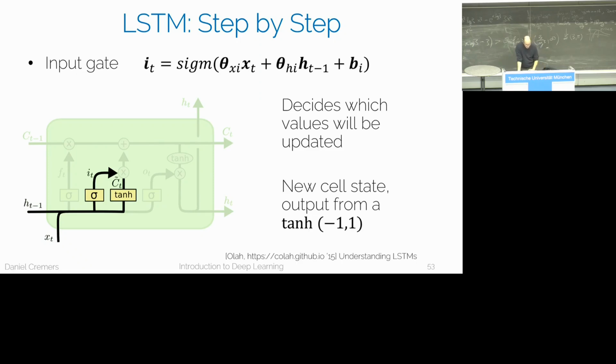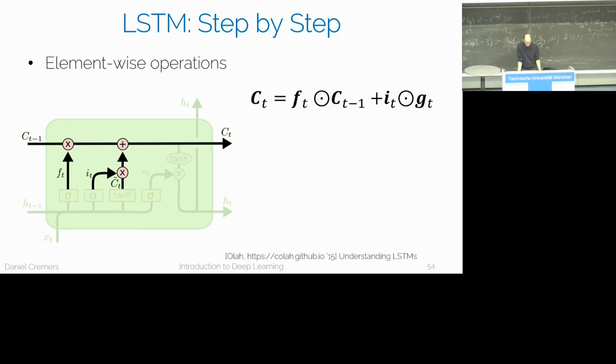And so this sigmoid here decides what information to update. And if this is 1, then the information is updated according to the tanh, and if it's 0, then it's not updated. Right? And the update is an element-wise operation where I multiply the forget gate times the previous state, and then element-wise this i that is binary.